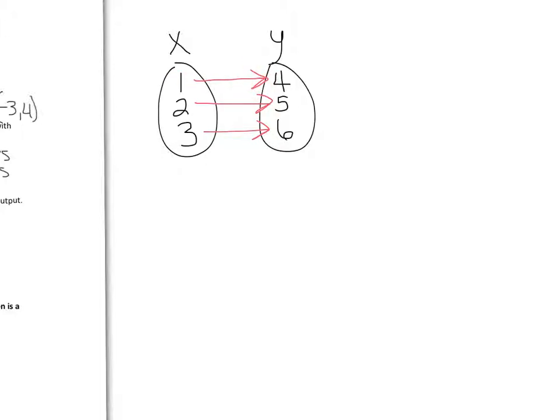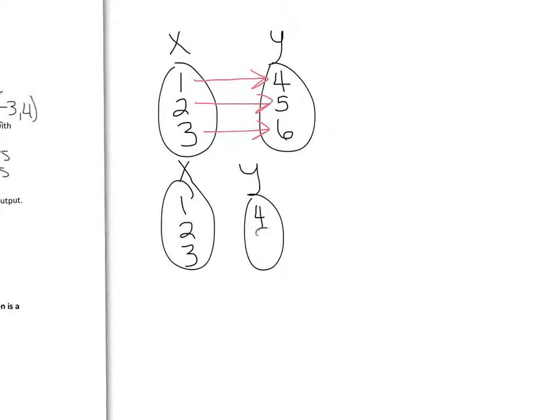An example of one that would not be a function: let's say we go with the same set of x's and y's, but instead I map the 1 to the 4 and I map the 1 to the 5. Then I map the 2 to the 4 and to the 6. And then maybe I map the 3 to the 5.